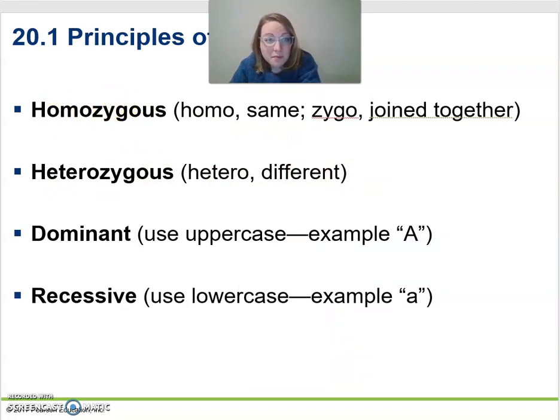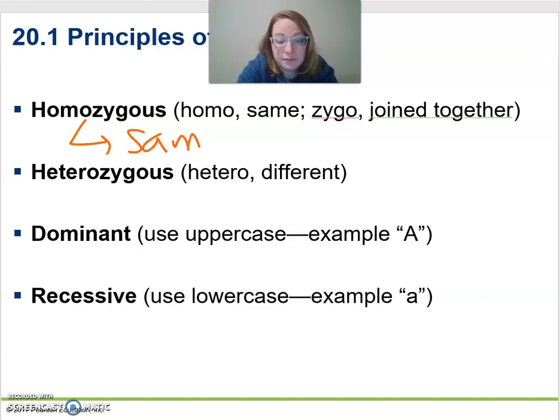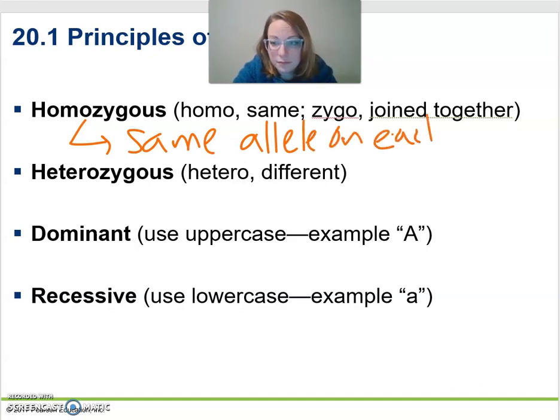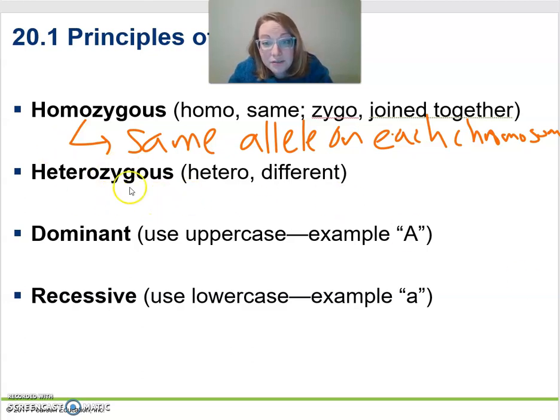So homo, same. So you have two identical alleles. So two that code for freckles, two that don't, right? On each chromosome. Oppositely, hetero, different, two different alleles.